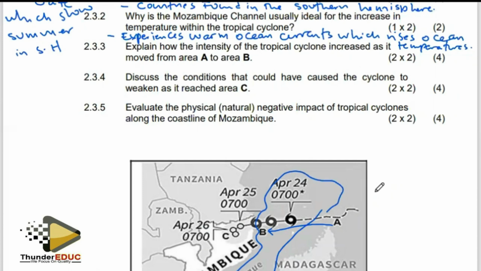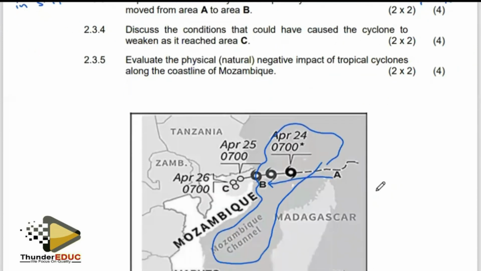2.3.4, discuss the conditions that could have caused the cyclone to weaken as it reached area C. So let's remove this one so that you can see clearly. So this is area C here. That's area C, almost close to the land.